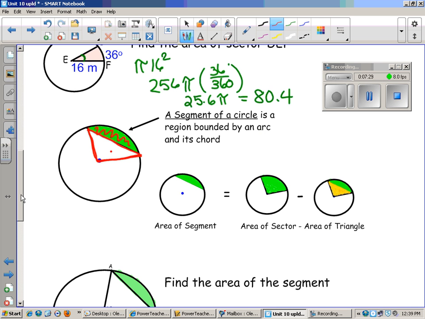So if I found this whole sector and took out this piece, wouldn't that just leave that piece, right? So that's what we're going to do here. We're going to subtract out that yellow section, and all that'll be left is the green. So the area of the segment is equal to the area of the sector minus the area of the triangle.